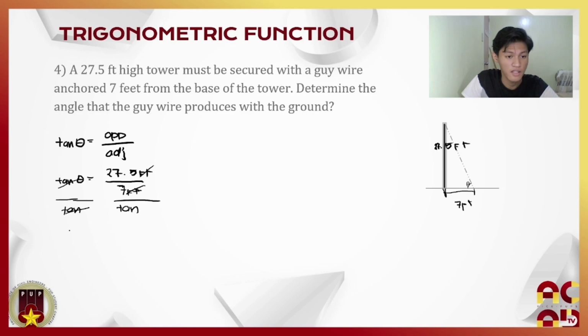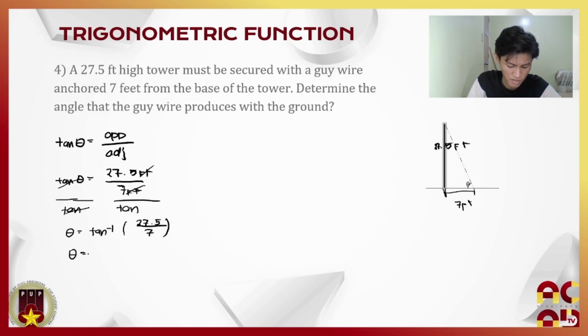I-erase lang natin sa negative ang kanyang exponent, which is 1. So, magiging tangent raised to negative 1. Tapos, still copy natin yung values na meron tayo, 27.5 over 7 feet. Plug in na lang natin yung values na meron tayo.